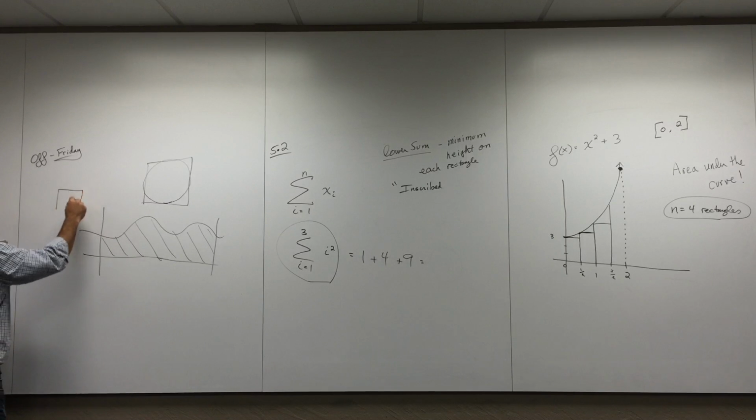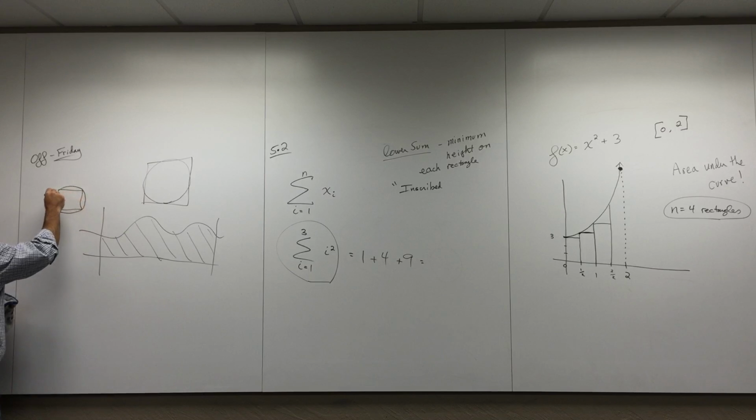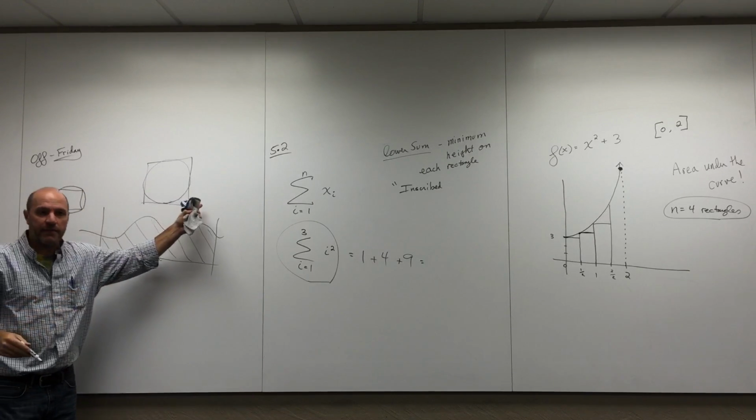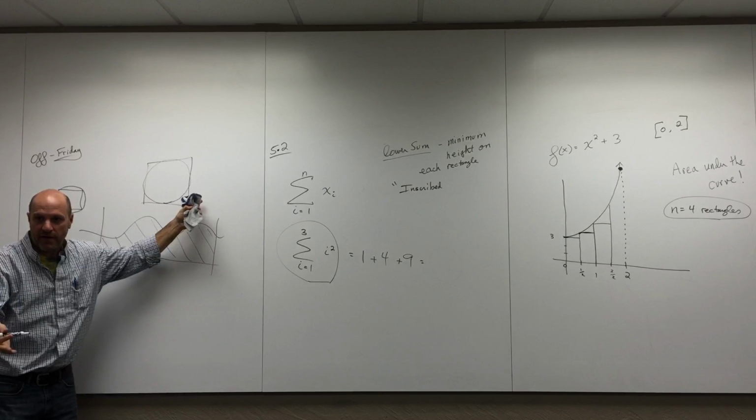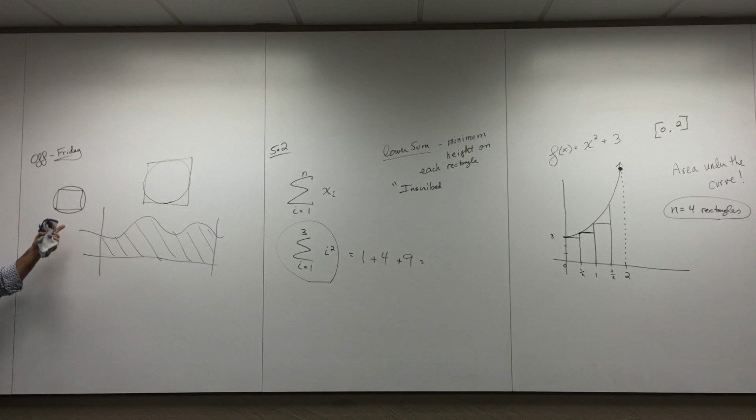Watch this. If you want a circumscribed circle around the square, that would be this. Just teaching you the words circumscribed and inscribed. The circle's inscribed in the square. The circle's circumscribed around the square. You could say the square's inscribed in the circle. You could say that, I guess.